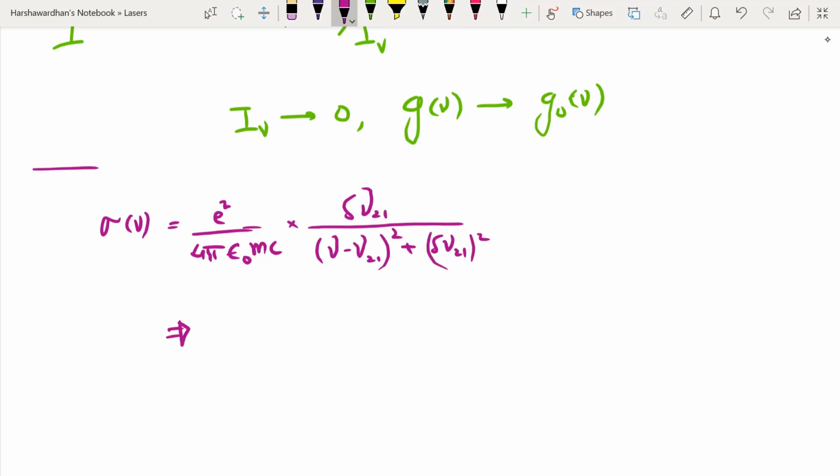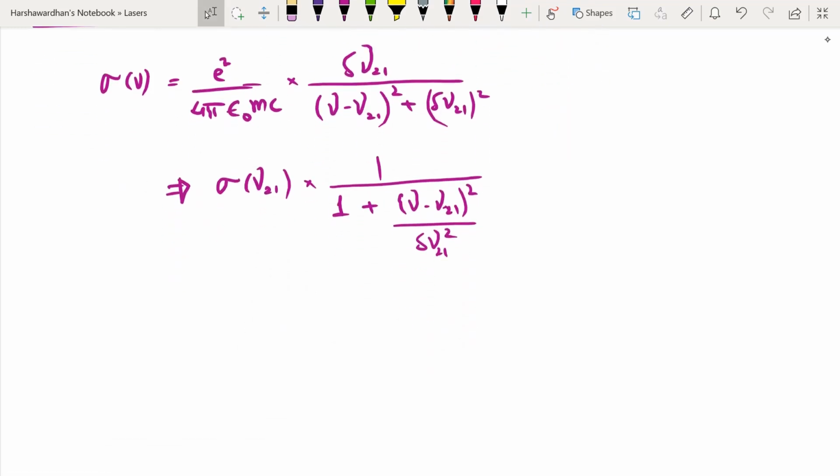I can as well write it down in a more succinct manner as sigma of nu 21, that is, I've taken this at nu equal to nu 21. So I get this prefactor divided by delta nu 21, and then one can write down this form as 1 plus nu minus nu 21 whole square divided by delta nu 21 whole square. Right? This is the form for the scattering coefficient.